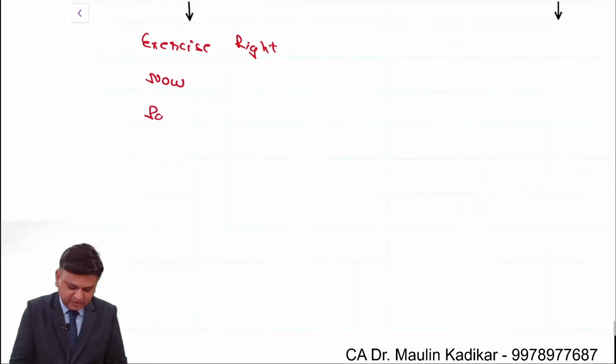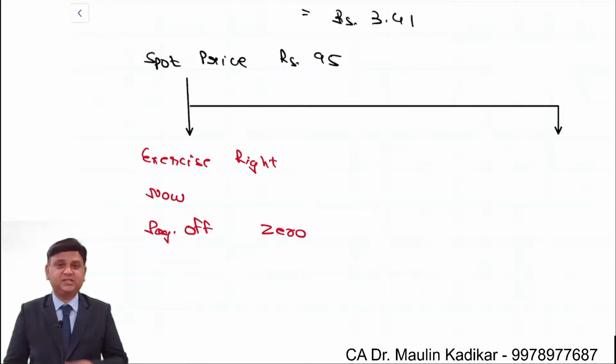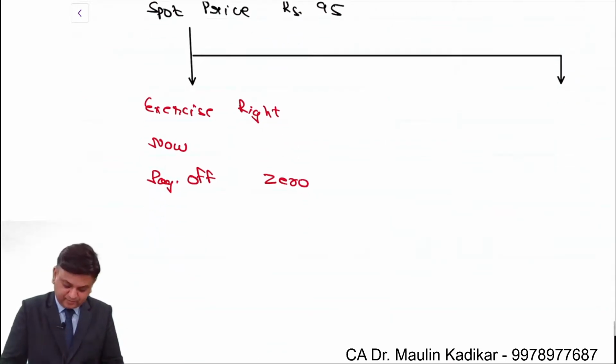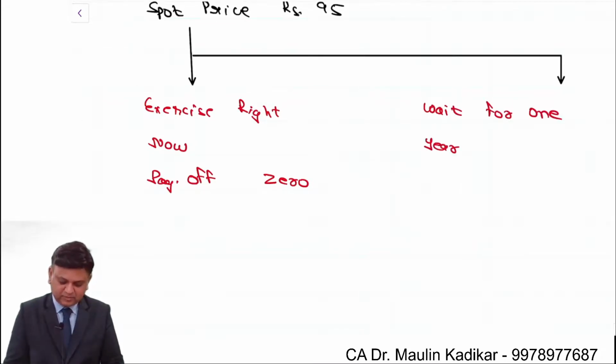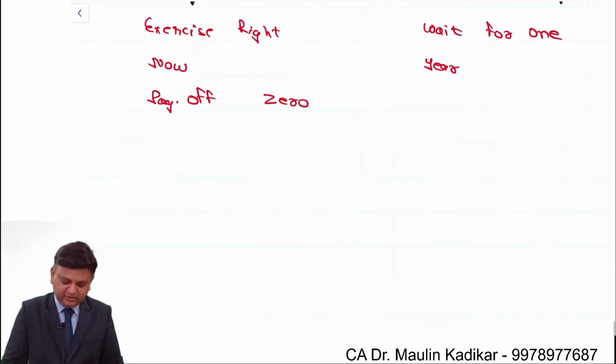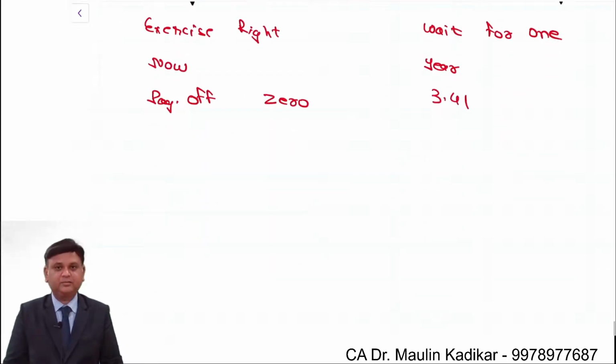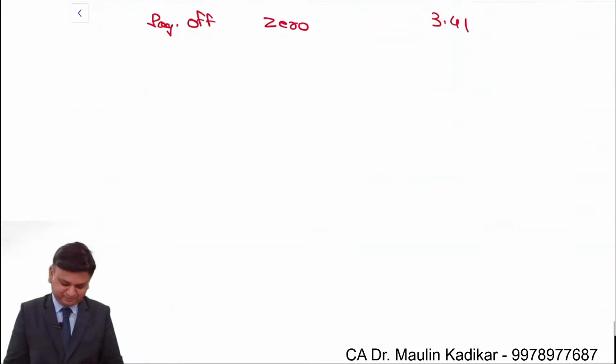In that case, the payoff is 0. Why? Because the spot is less than exercise. Or wait for 1 year. In that case, you will get 3.41 in present value terms. Now the final answer.